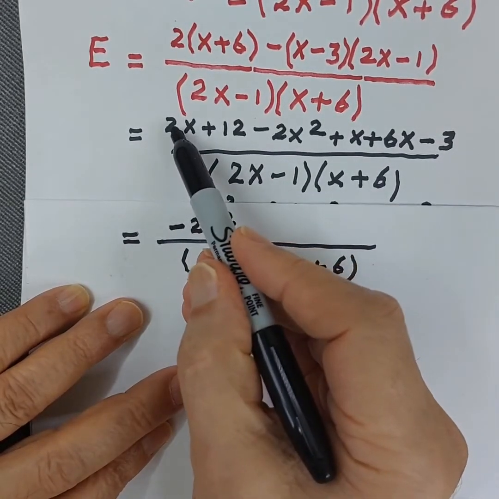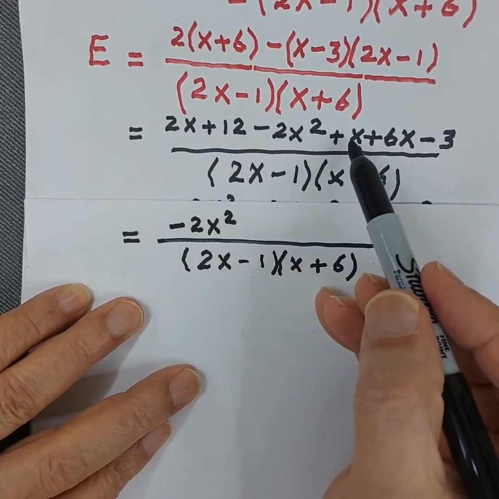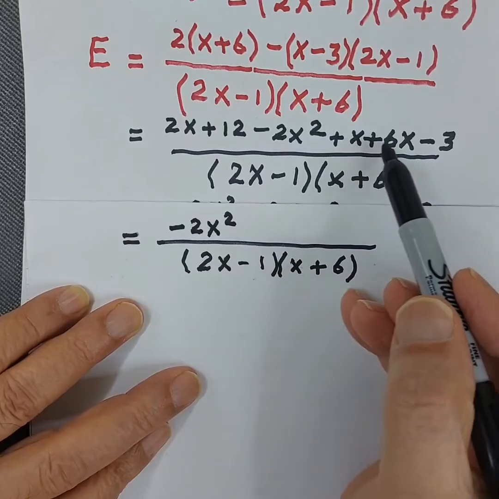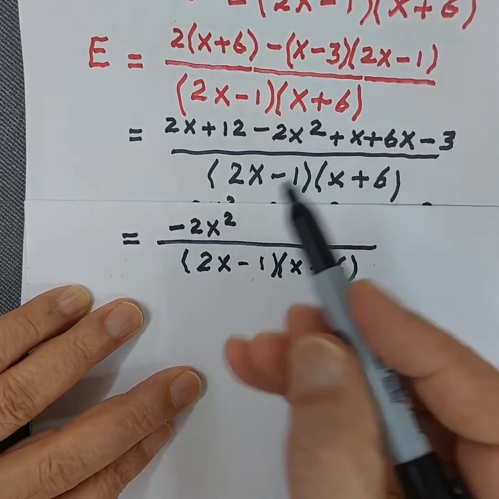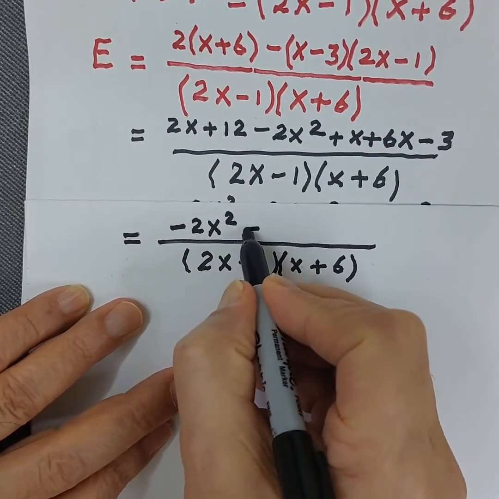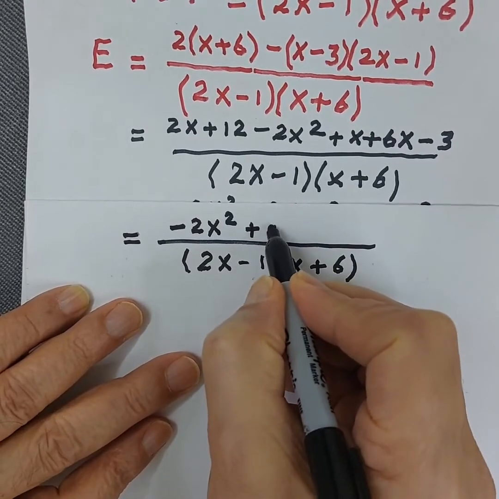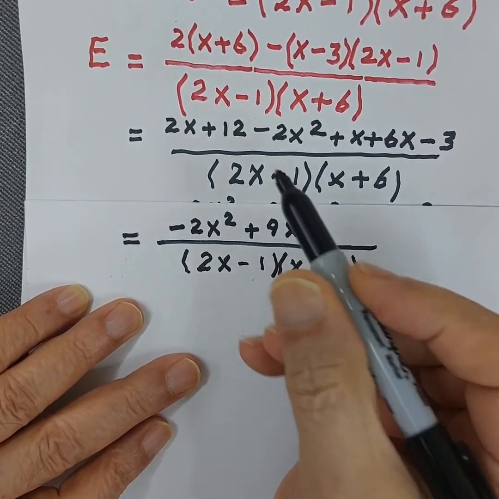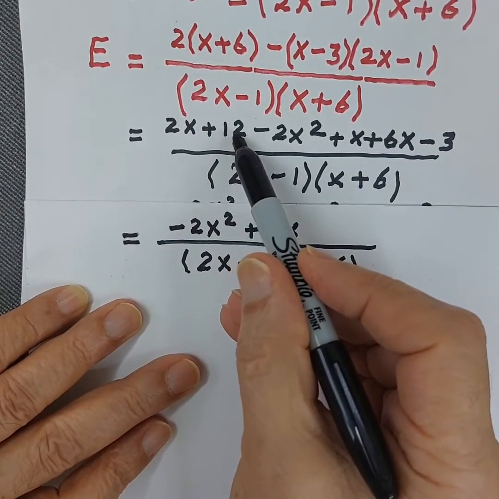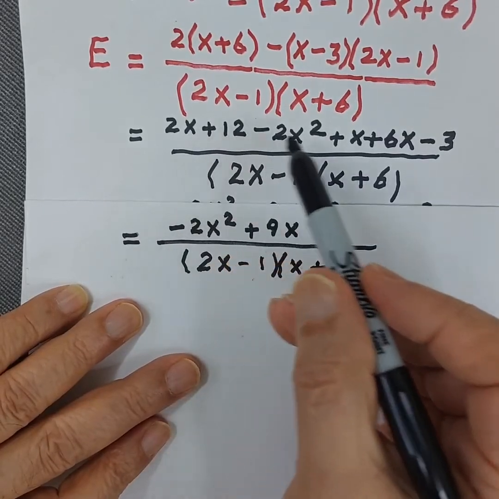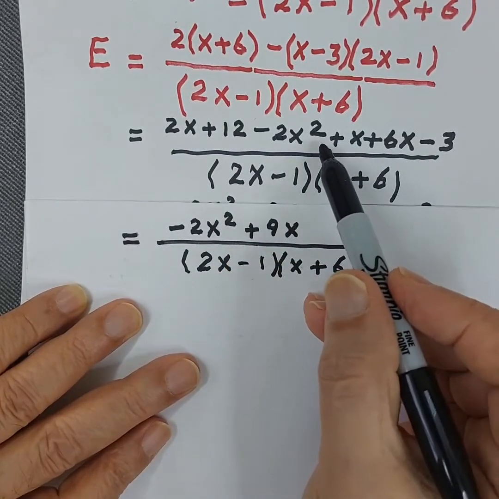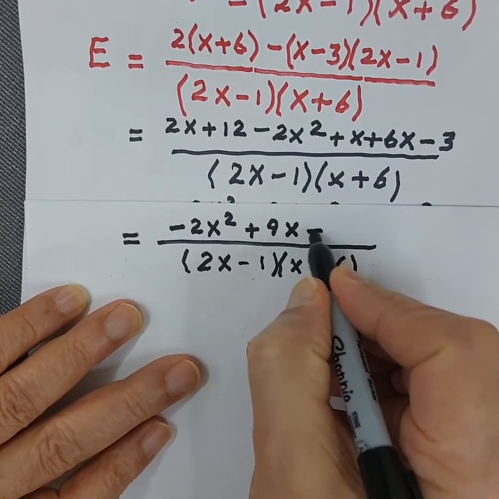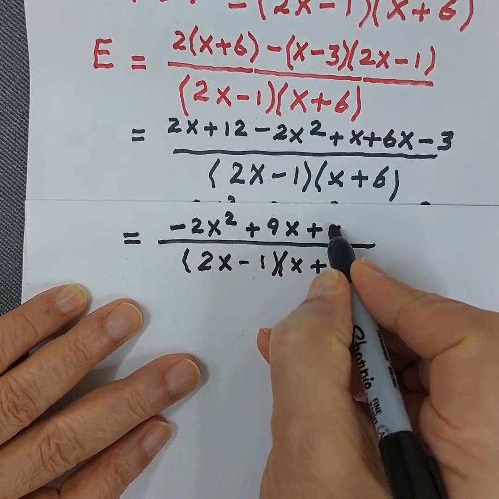Then 2x and 1x, that means 3x, and 6x, the total is 9x, and here 12 with a plus and the 3 with a minus, that means plus 9.